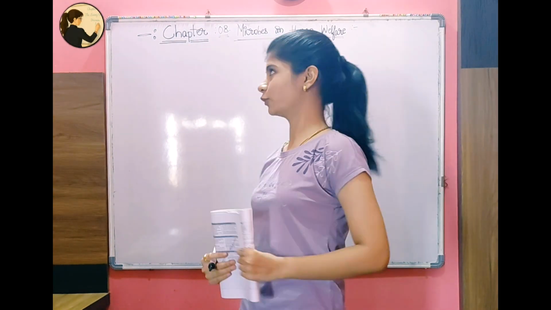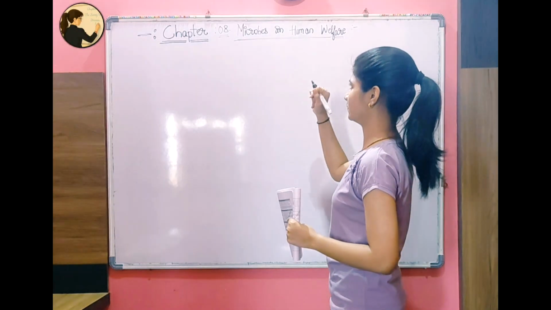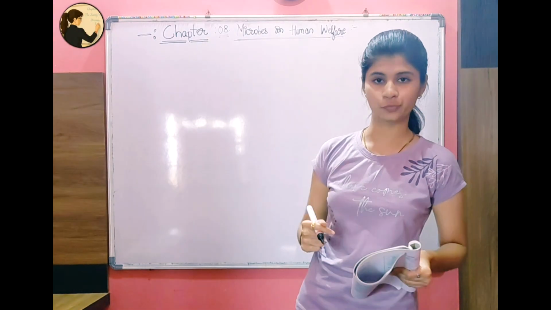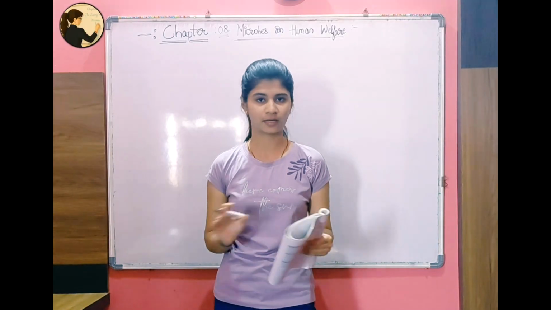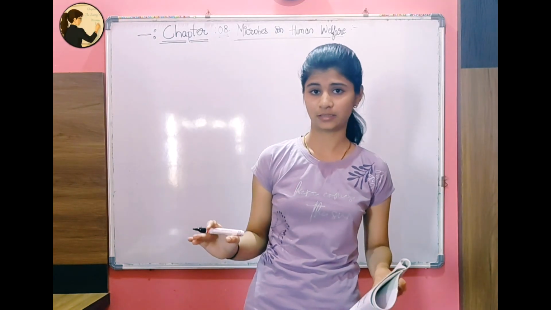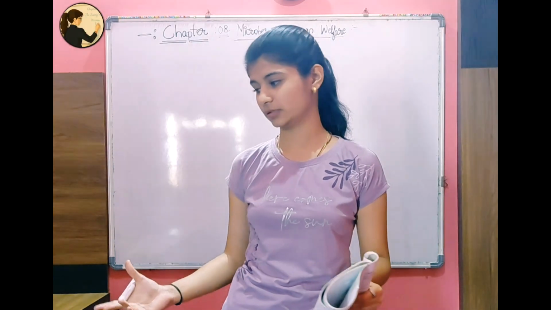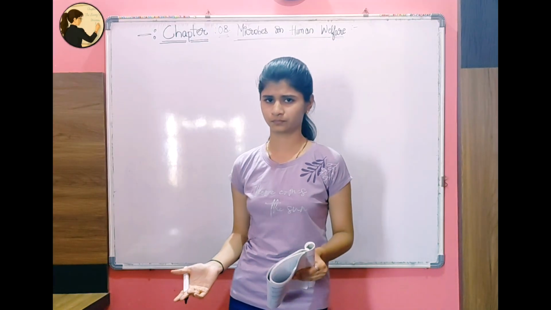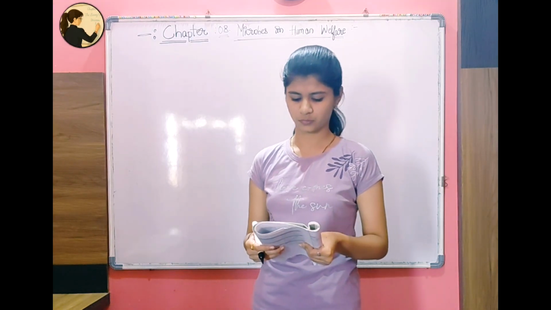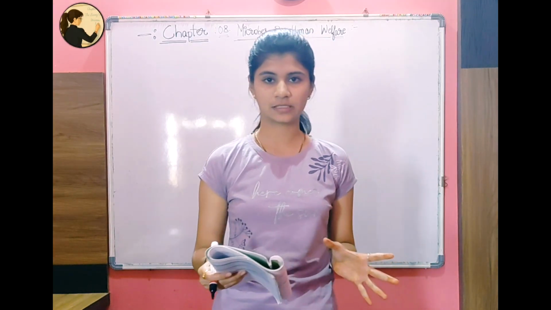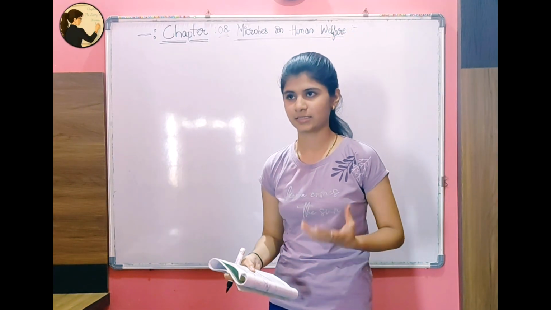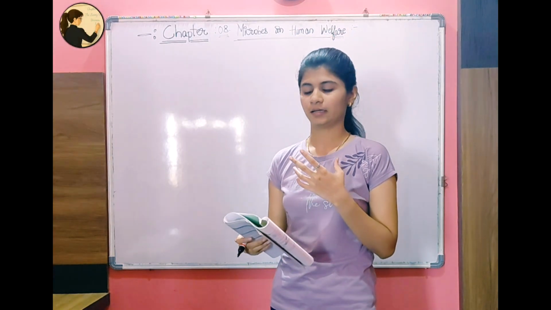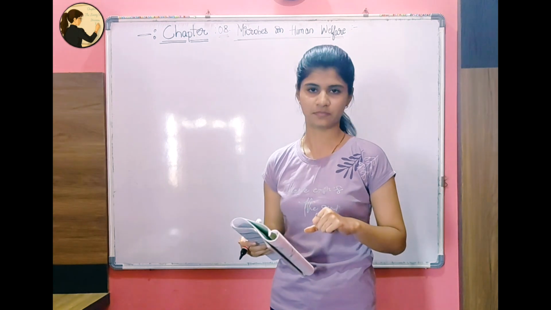So in this video we are going to learn about chapter 8, that is microbes in human welfare. In this chapter there are no diagrams in the NCERT. If there are any, it might be one or two. So in this chapter you basically need to know the definitions, mainly the names of the organisms, microbes, and many of the enzymes.